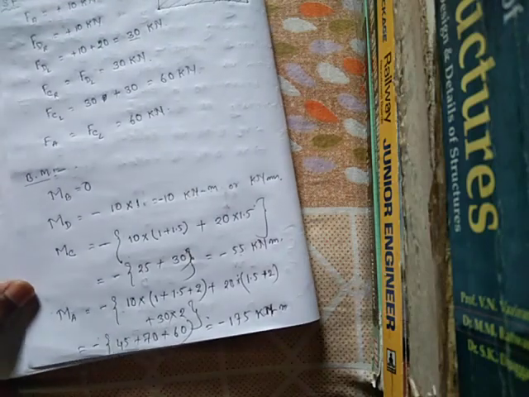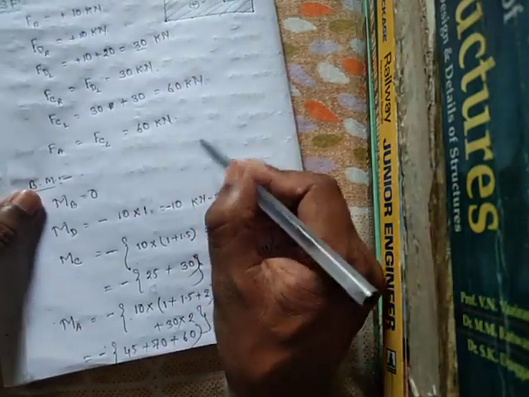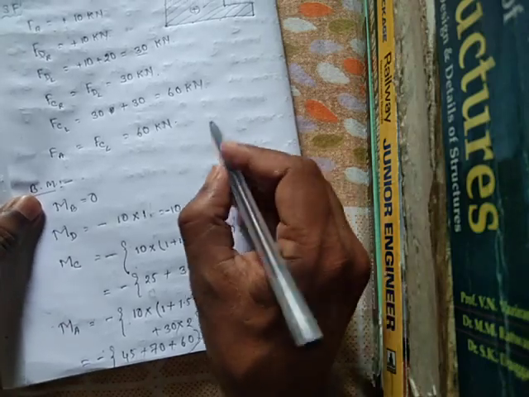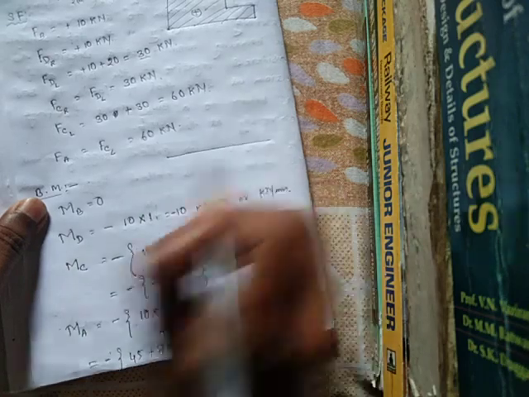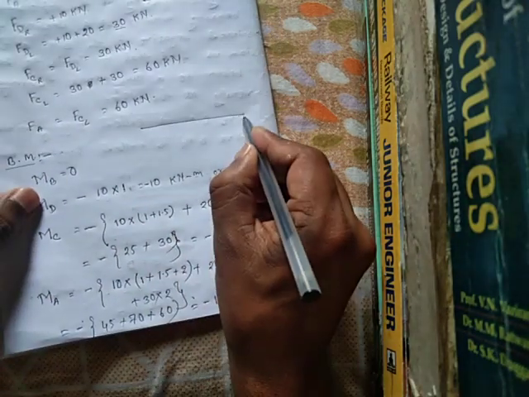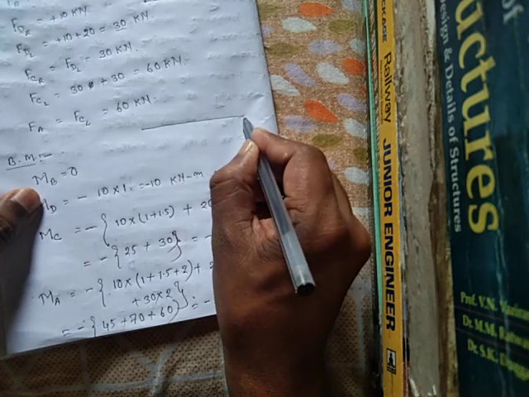Now try to draw the bending moment diagram. The bending moment at point B is equal to 0, no need to draw.